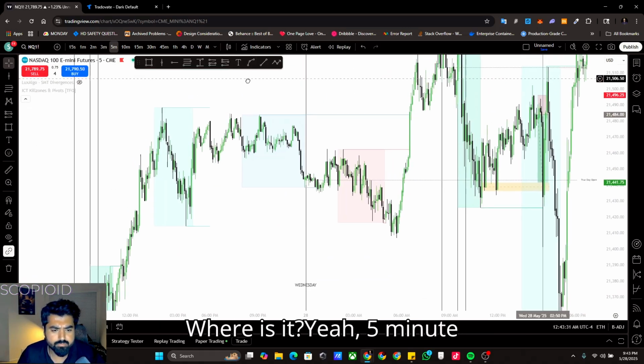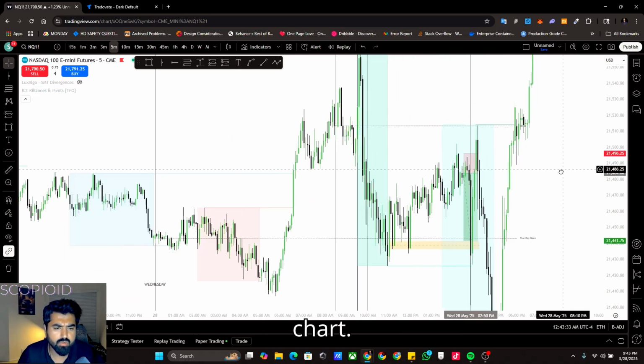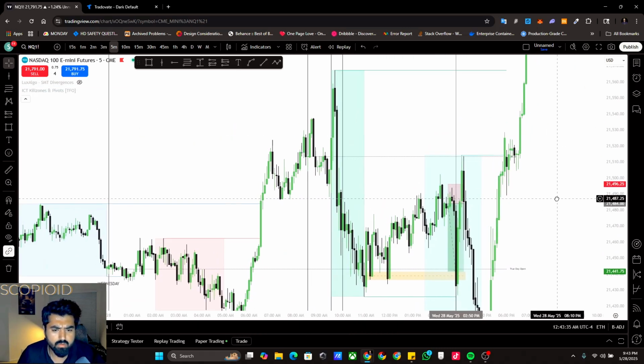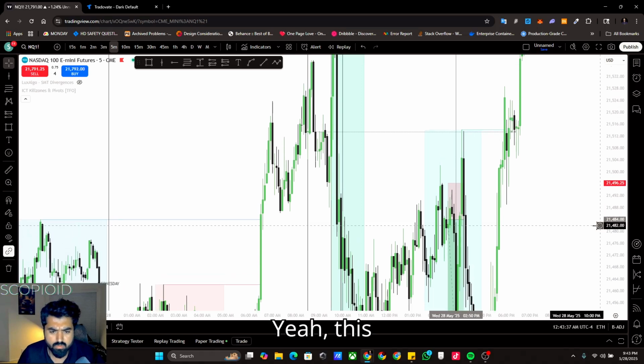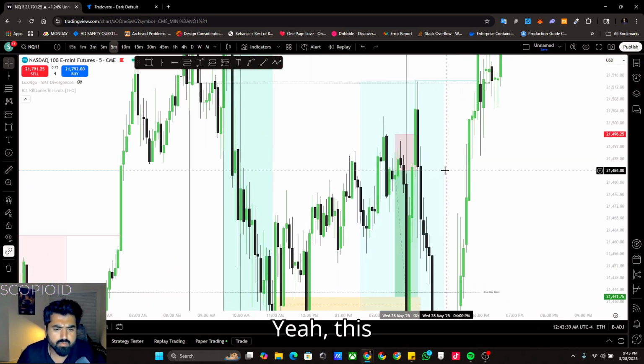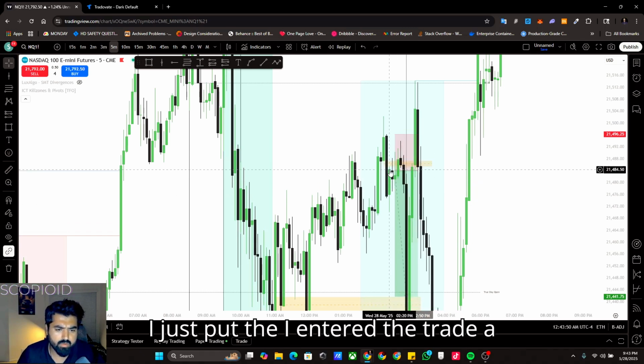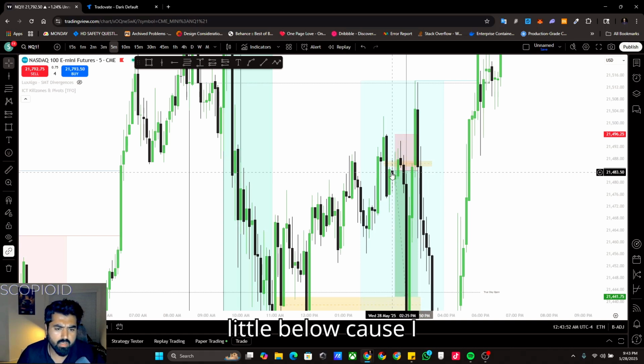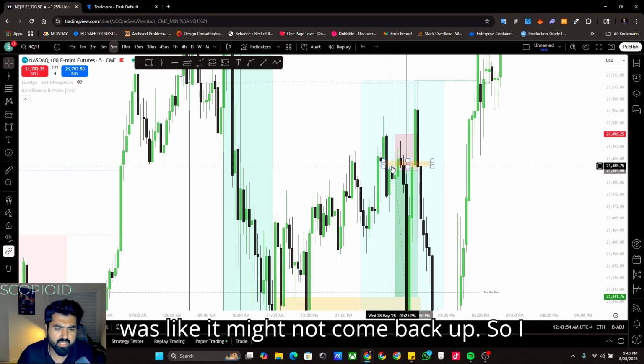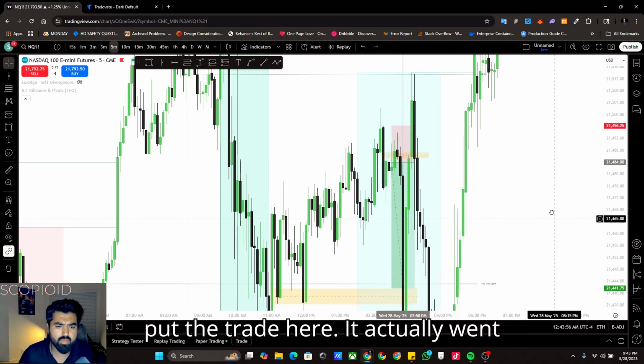Yeah, 5-minute chart. This fair value gap over here. I entered the trade a little bit low because I was like, it might not come back up. So I put the trade here.